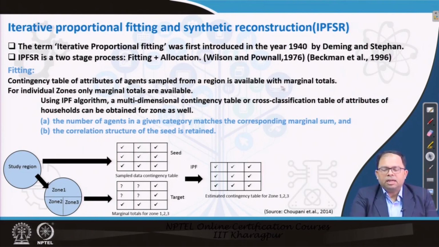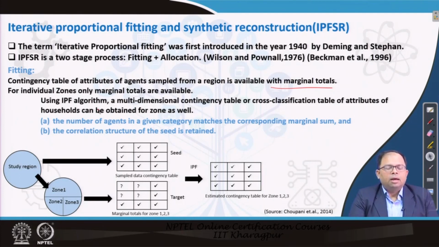This data has to be available, and for individual zones only marginal totals are available. Then, using the IPF algorithm, we create a multidimensional contingency table or cross classification table of attributes of households, and we can also do it for every zone. We just have to make sure that the number of agents in a given category matches the corresponding marginal sum and the correlation structure of the seed is retained.